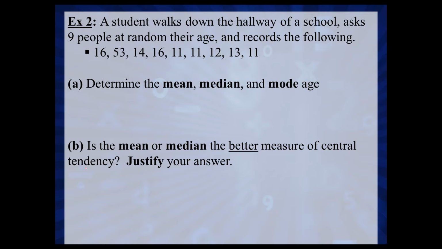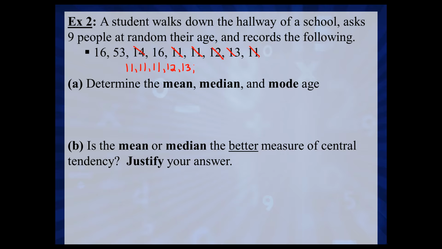Because I want to figure out the median and the mode, we're going to take this data and reorganize it first in ascending order. So we start off with having 11 three times. So I have 11, 11, 11. Then we have 12 once. Then we have 13 once.